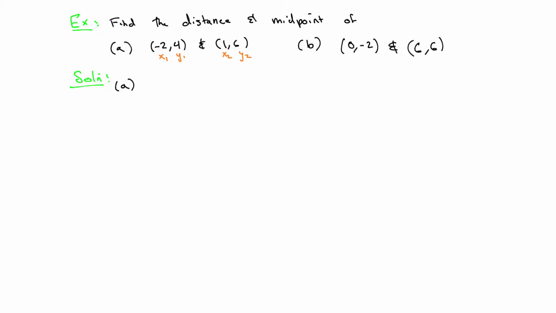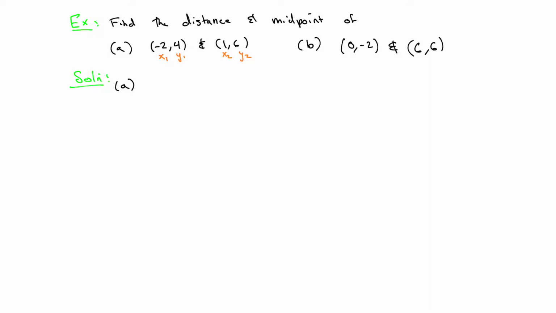Pause and think about it for a second. But the answer is no, it doesn't matter. I could have just as easily made this my first point, i.e. my x sub 1, y sub 1, and this my x sub 2, y sub 2. It doesn't matter. And if you're curious about that, feel free to talk to us, right? There's a very, very cool reason why it works mathematically and also just arithmetically.